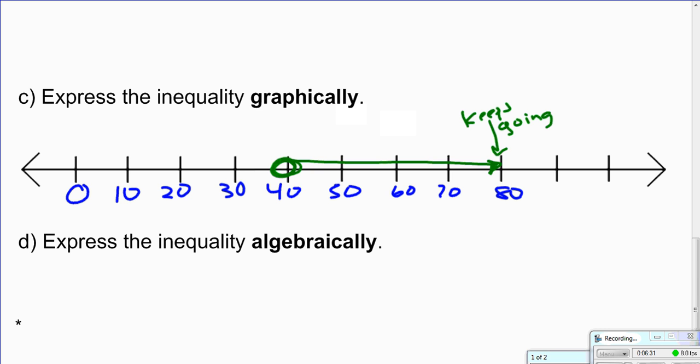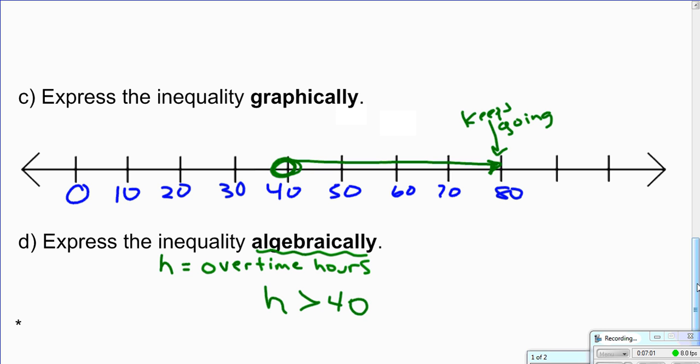Now we're going to express the inequality algebraically. If we're using algebraically, we need to have a variable. So a variable, let's say, I don't want to use O for overtime, so let's use H for overtime hours. Any hours greater than 40 will give her overtime.